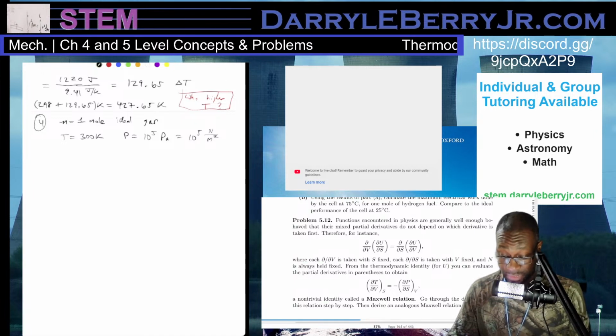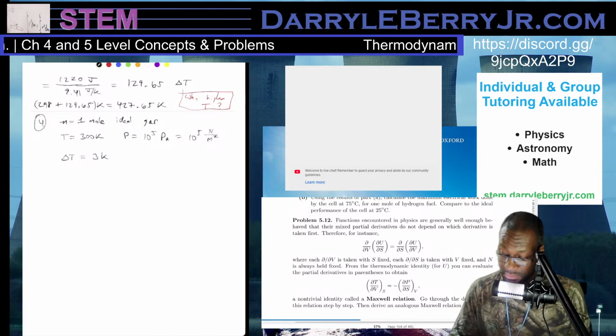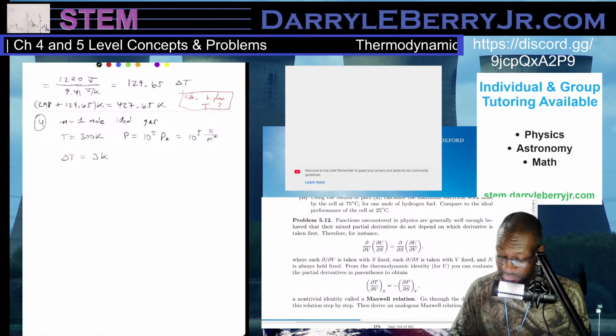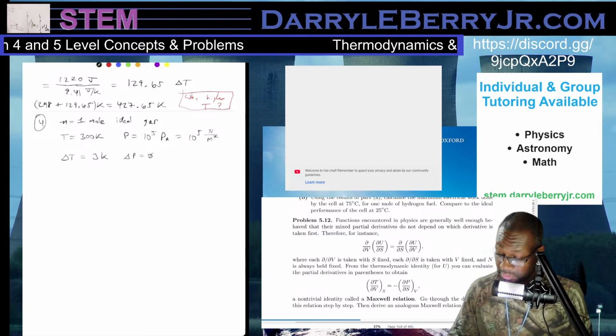All degrees of freedom are active. Change in T equals 3 K. Change in P equals 0. And what is the change in entropy?